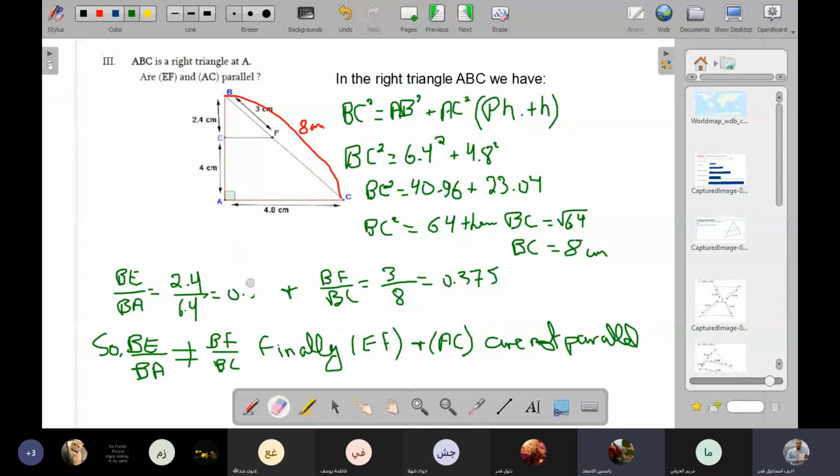So EF and AC are parallel. So we correct it. BE over BA is equal to BF over BC equals 0.375. Finally, EF and AC are parallel. Put the symbol of parallel here, EF parallel to AC.